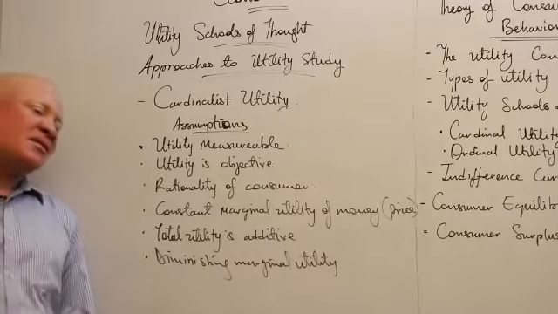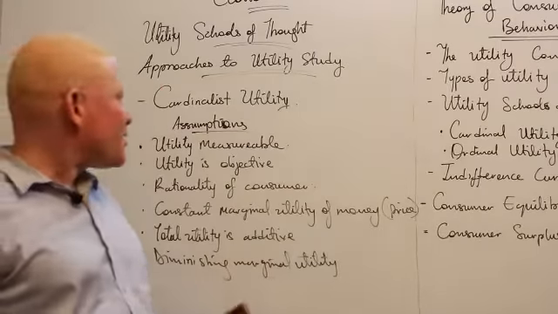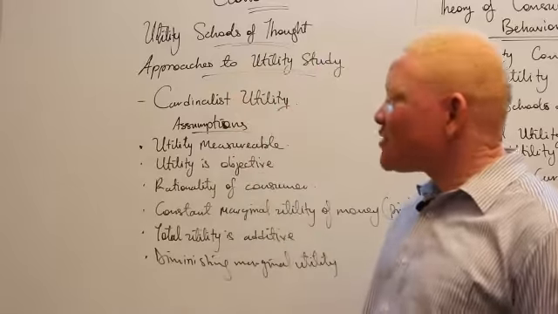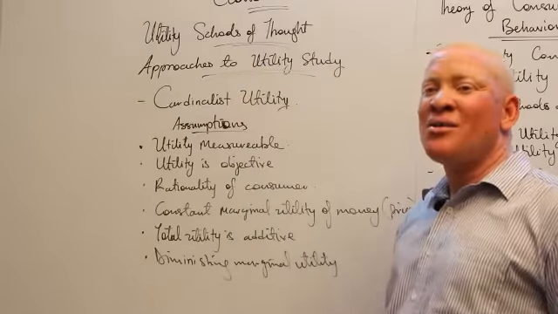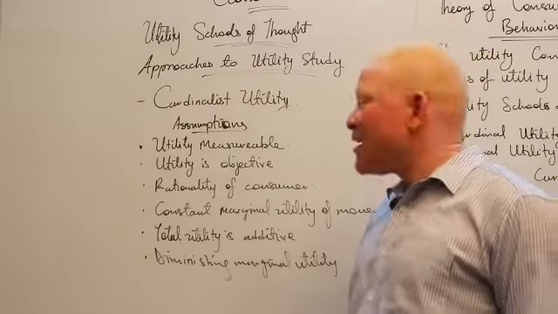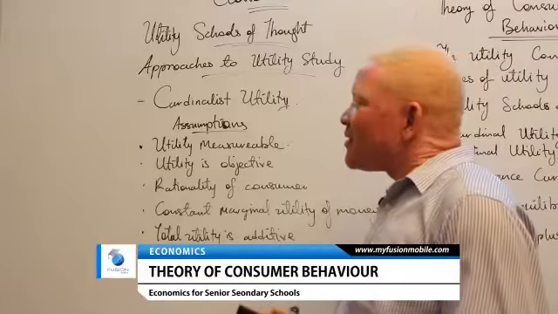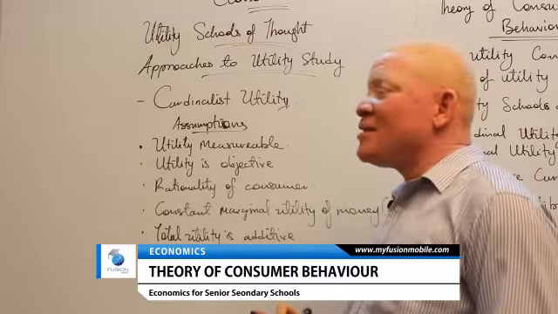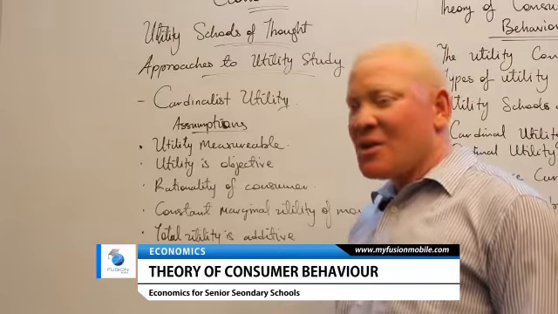Now, these are the assumptions by the Cardinalist school of thought. They have said utility is measurable using units they called utils. The next thing is that utility is objective.